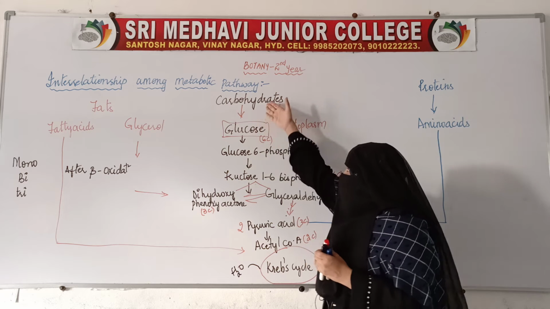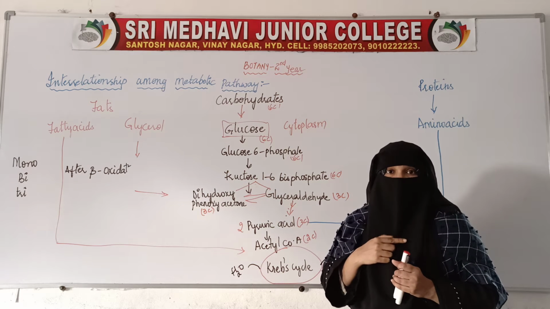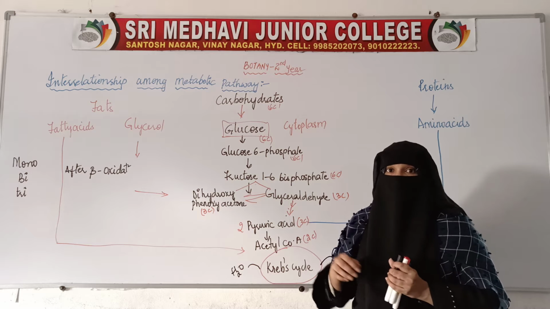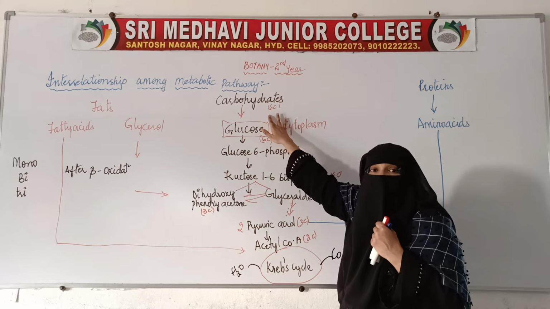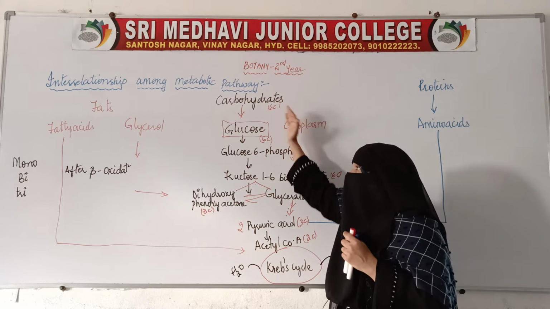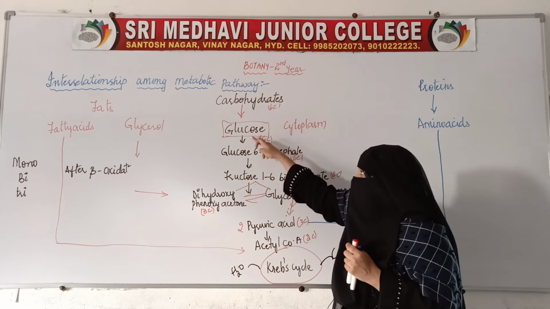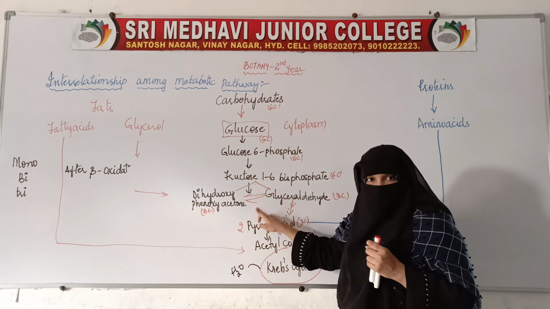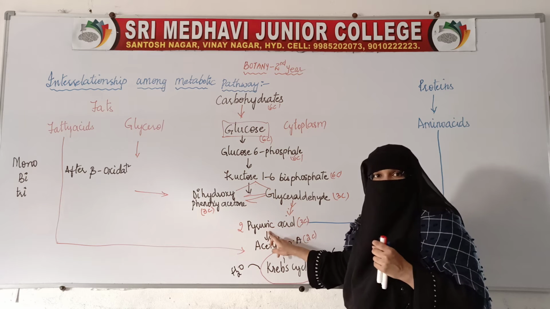So these are the steps of aerobic respiration, in which carbohydrate is acting as the respiratory substrate. When carbohydrate is the respiratory substrate, it changes to glucose, then after undergoing various reactions, it changes to pyruvic acid.